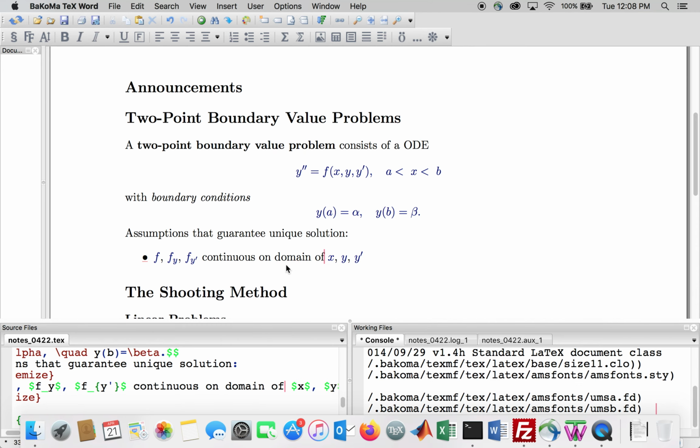So if the domain is under consideration, f and its partial derivatives must be continuous.